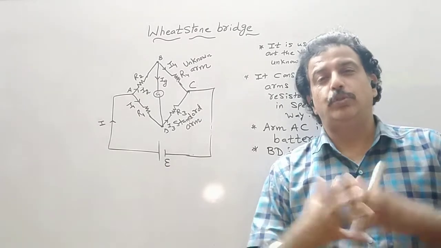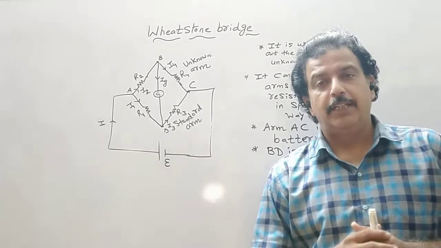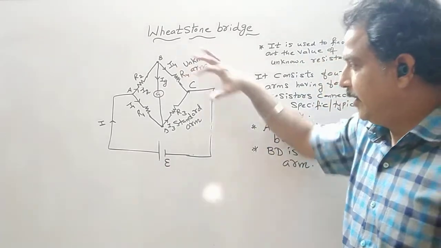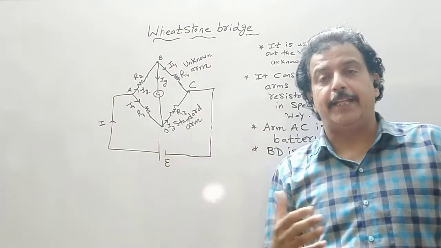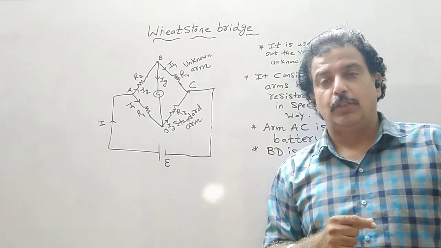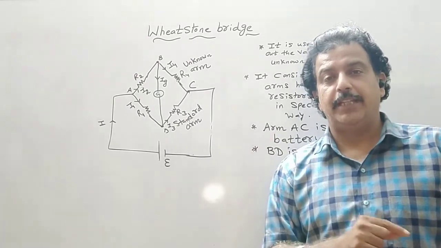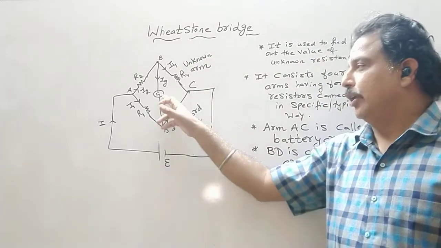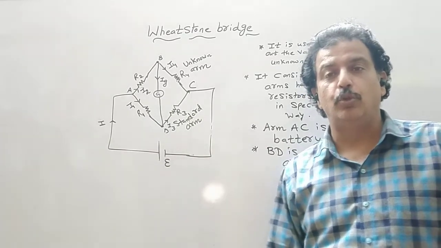Now we have to set a condition in such a way that a galvanometer shows a zero deflection. So in this bridge, which is known as a Wheatstone bridge, we have to select the value of R3 in such a way that the galvanometer shows zero deflection, meaning Ig is equal to 0.